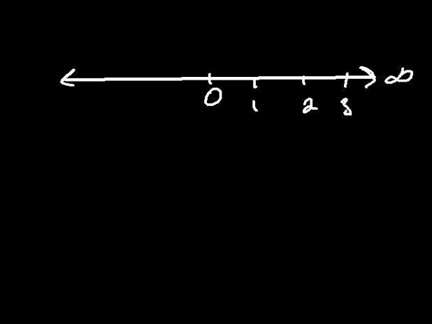And the numbers to the left-hand side of 0 are negative numbers, such that you can have, let's say, -1, -2, -3, and negative infinity. So this is how you should understand the components of the number line.